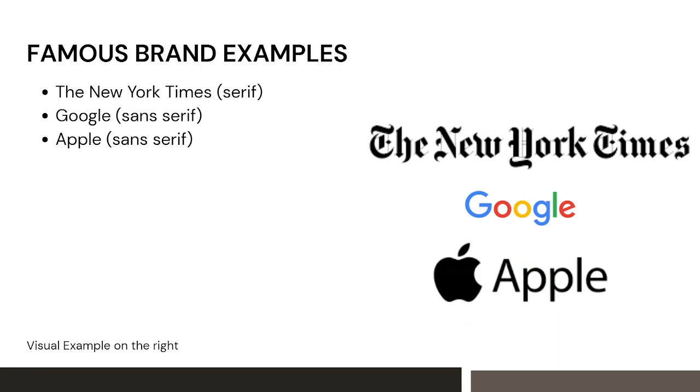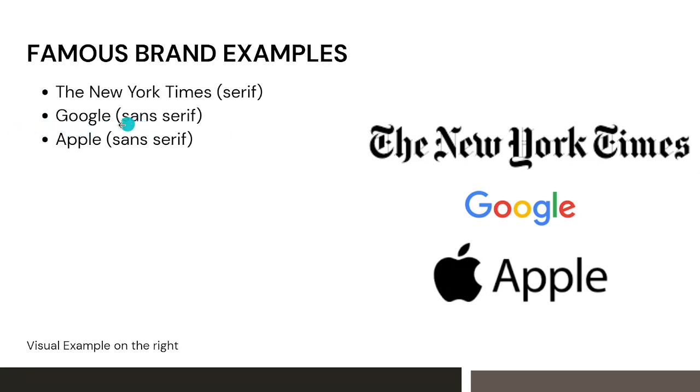And we have some famous examples of serif fonts that are being used in popular brands. The first one here is the New York Times. We can see that the typography being used here is the serif. It has a lot of curve stroke around it.